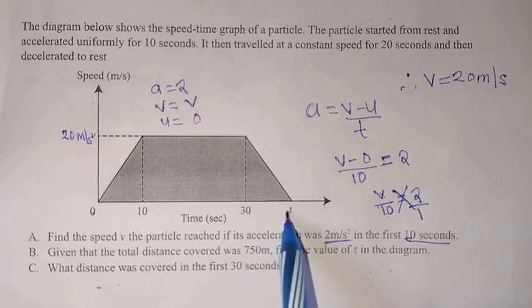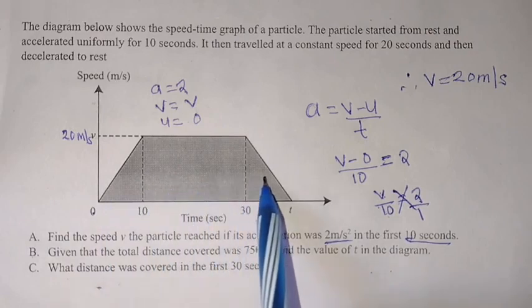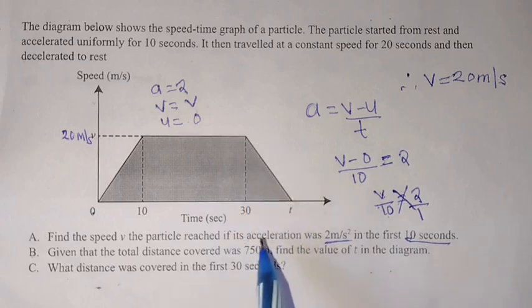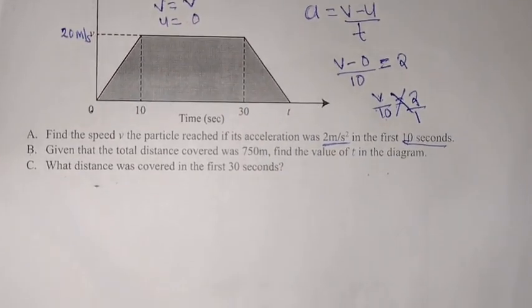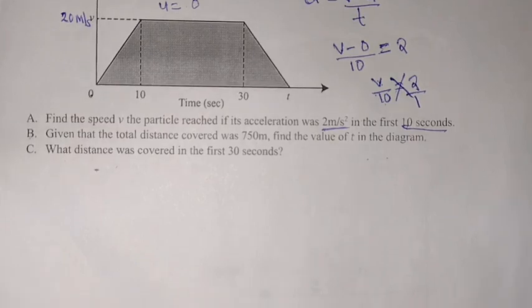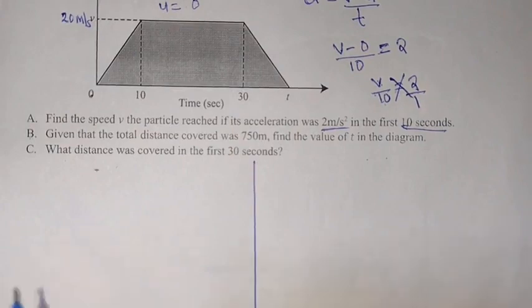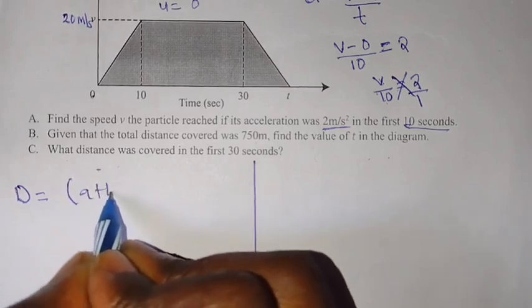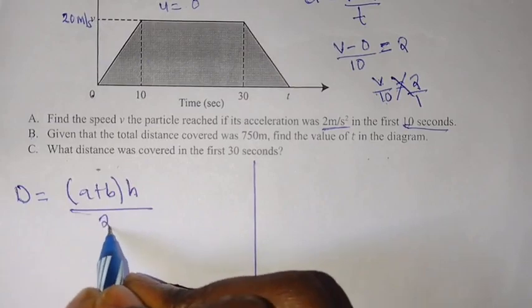So how can we find t? We are going to find the distance of this shape, because when you look at it, this is a trapezium. If you have a trapezium, you need a formula for finding the area under it. We write: distance equals (a plus b) times height over 2.